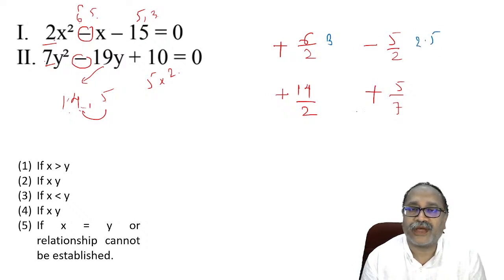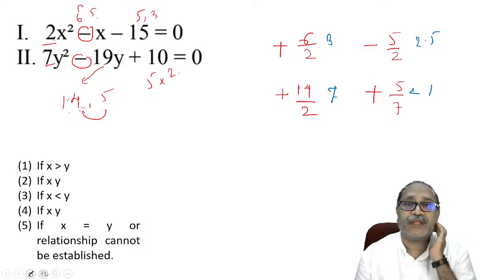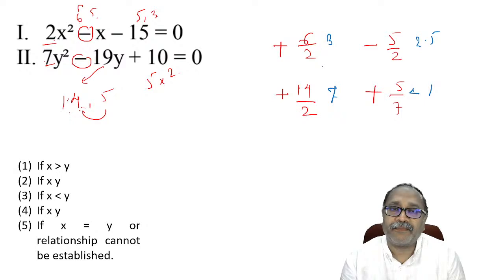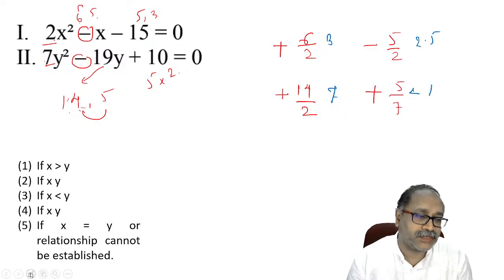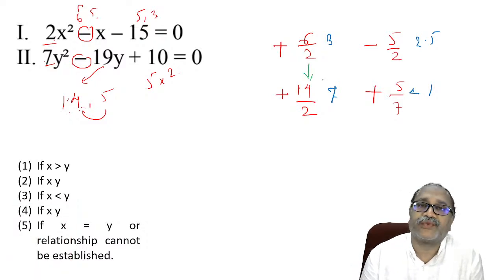This is 2.5, and coming to this, this is 7, and this is less than 1. A positive number but less than 1. Now compare these two. Tell me what is happening when you compare.